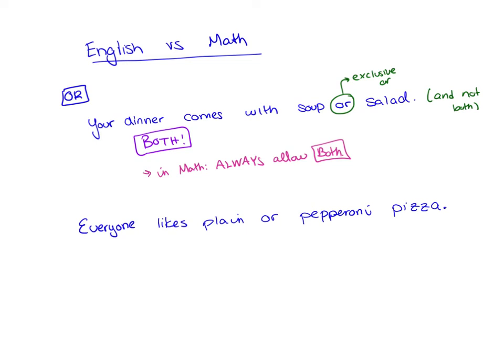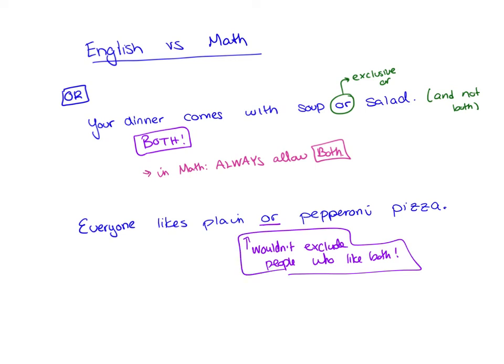And we do sometimes use or in English that way, right? If somebody said everyone likes plain or pepperoni pizza, we wouldn't exclude necessarily people who like both. So sometimes we're using the exclusive or in English and sometimes we're not, but in math, we're always going to allow both to be a possibility.